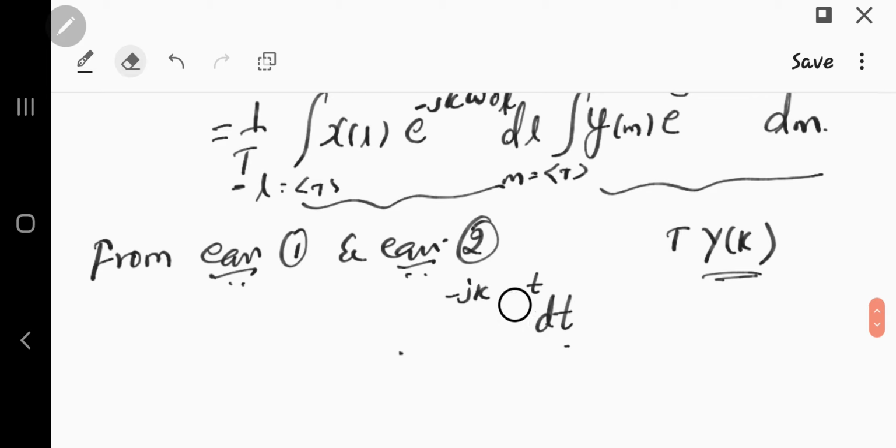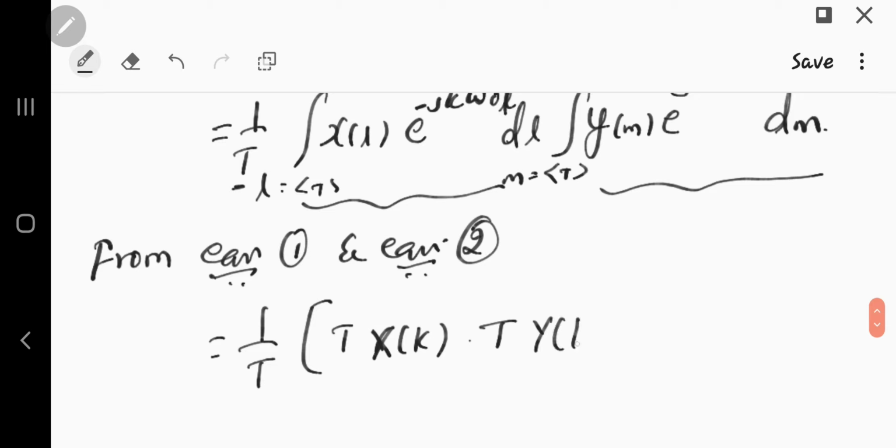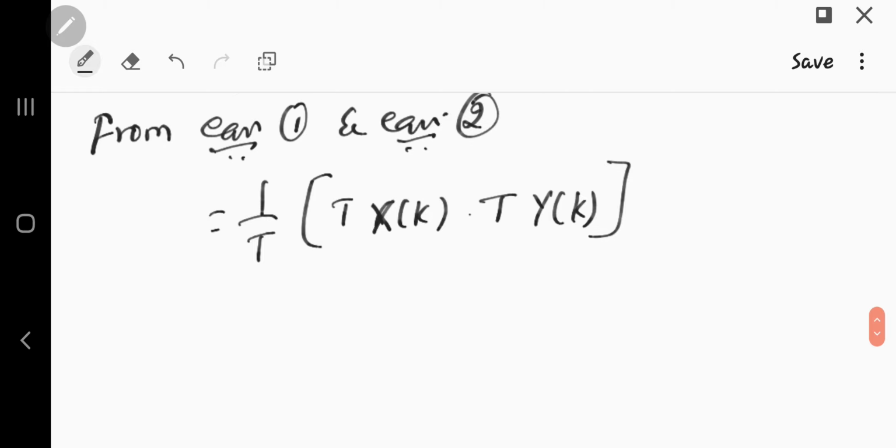So taking this out, I am rewriting this as 1 by T into T into x of k and T into y of k.